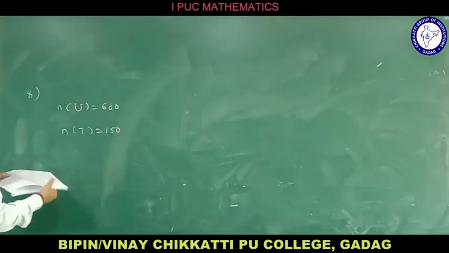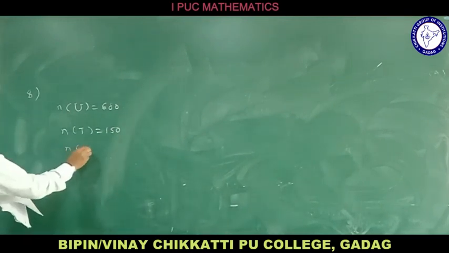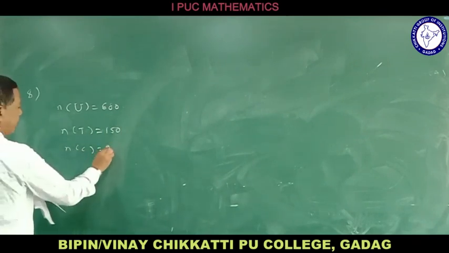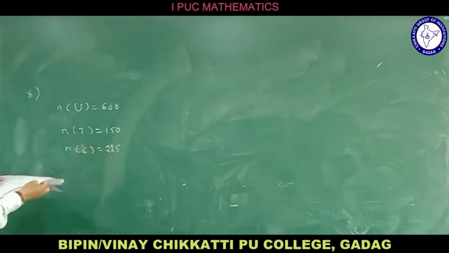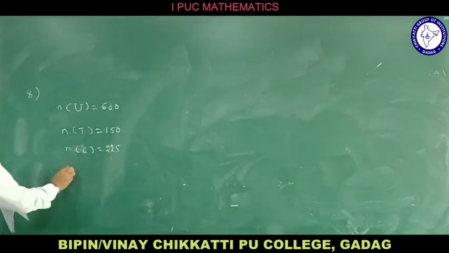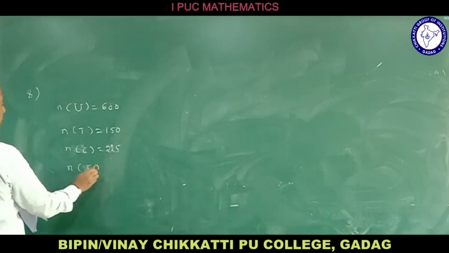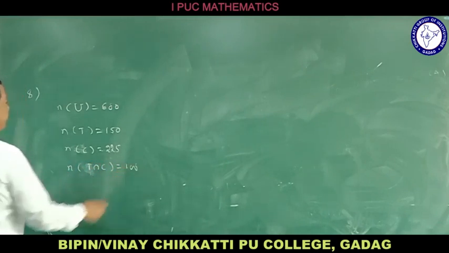And how many students like coffee? N of C is 225, those who like coffee. And 100 were liking both. Both means intersection, so n of C intersection T is 100.